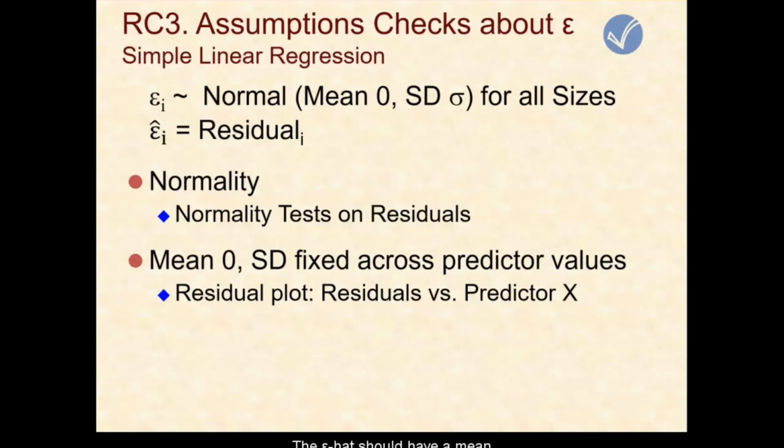The epsilon hat should have a mean of 0 and a fixed standard deviation across all possible values of x. To check this, we plot the residuals as a function of the predictor values to see if the distribution across the predictors clearly deviates from this expectation.